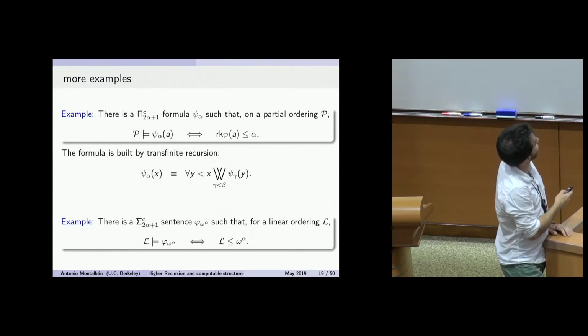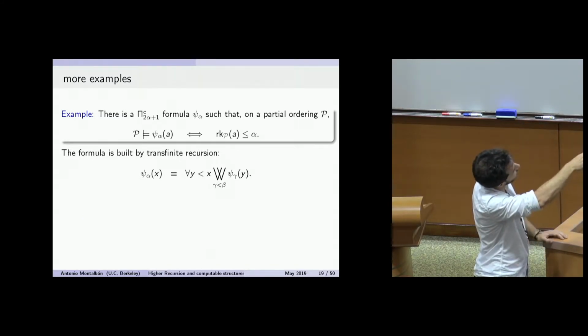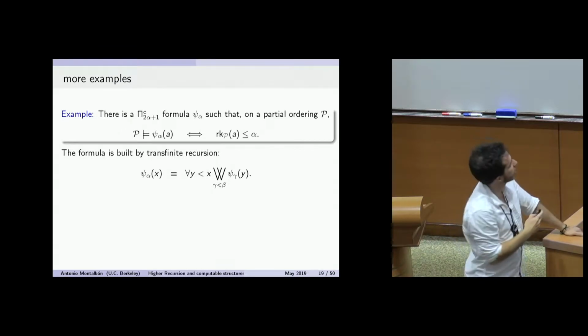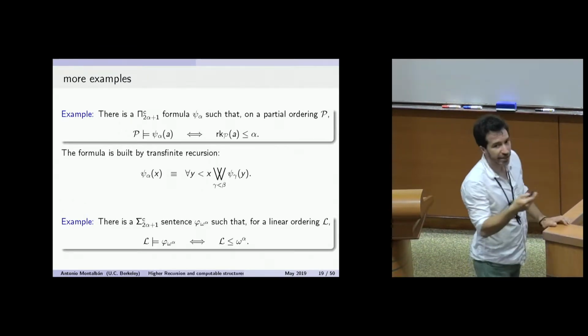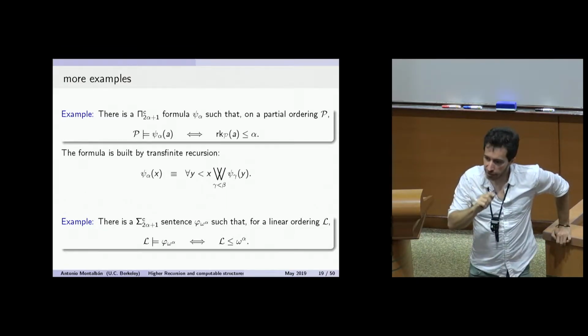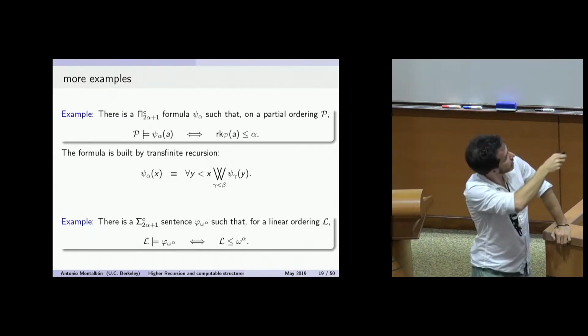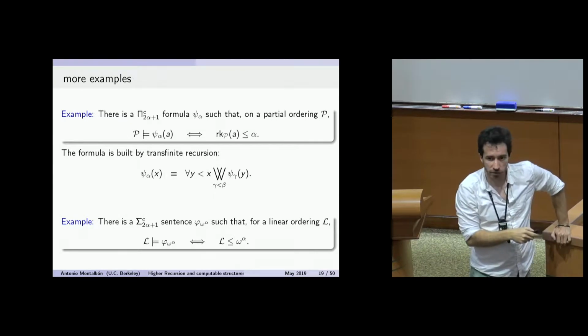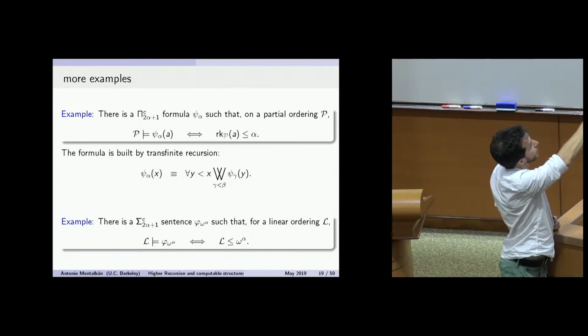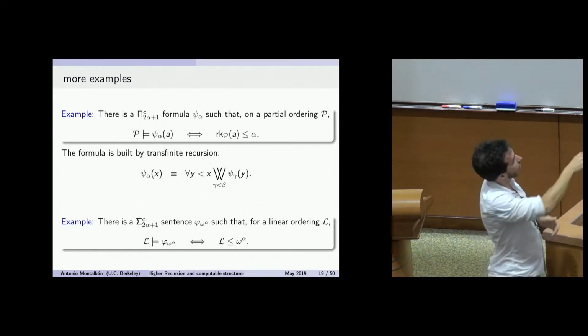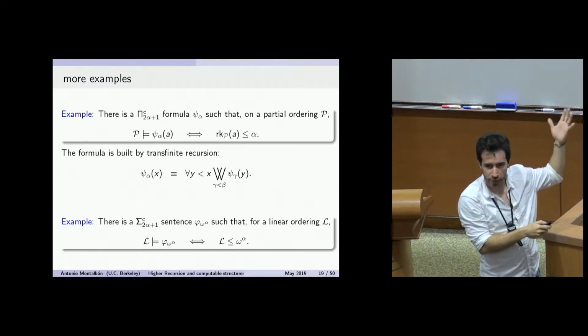Okay, but this is in the case of a partial ordering. If you had a linear ordering, I'm not going to use it, but it's going to show up more or less. If you have a linear ordering, you can find a much better sentence than that one. So that one is not optimal for linear orderings. This formula up here is optimal to tell the rank of an element in a partial ordering, so that can be proved.